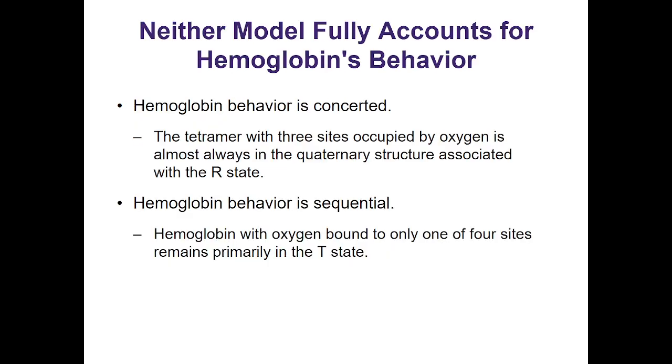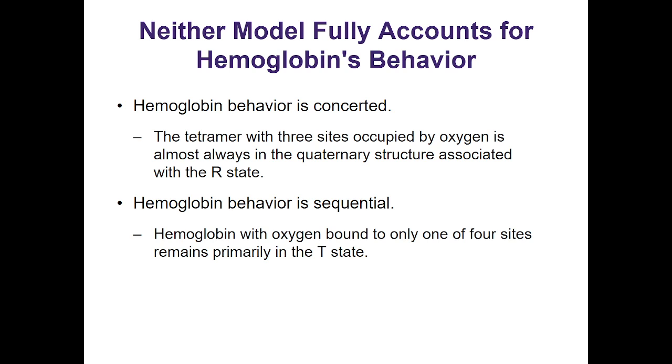All right. Fantastic. So the hemoglobin behavior: neither model really fully accounts for the behavior of hemoglobin, to be honest. That's why we typically tackle this in a dual model system. So the hemoglobin behavior is concerted: the tetramer with 3 sites occupied by oxygen is almost always in the quaternary structure that we would associate with the R state.